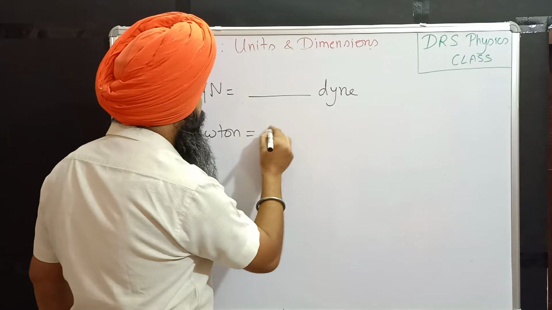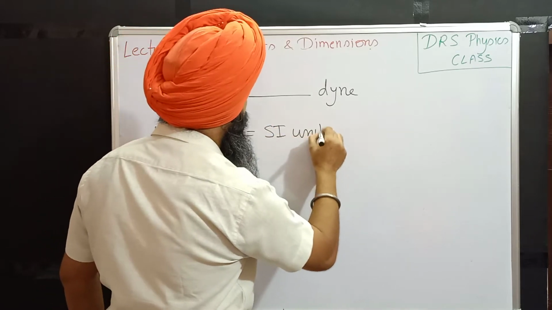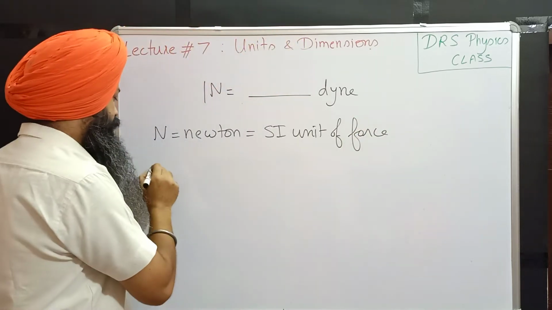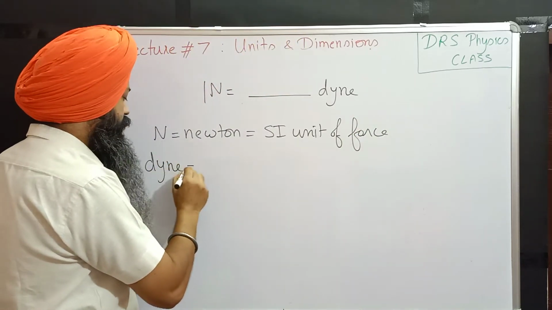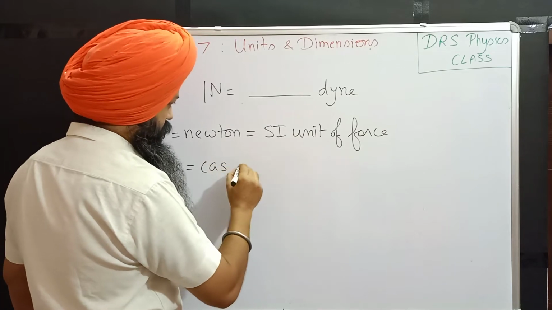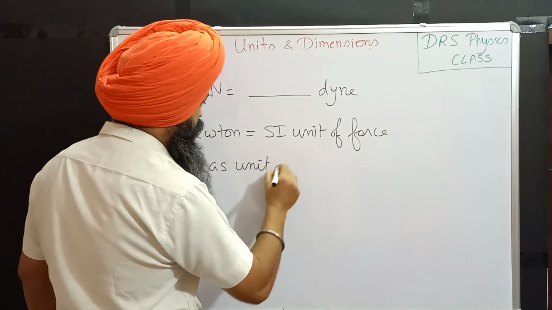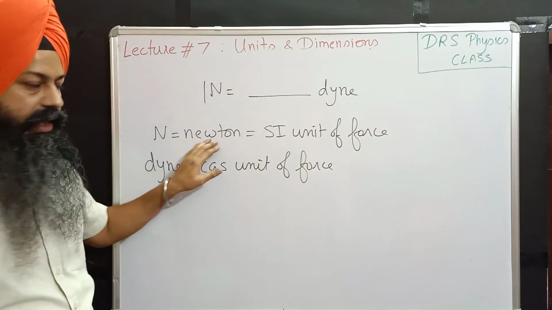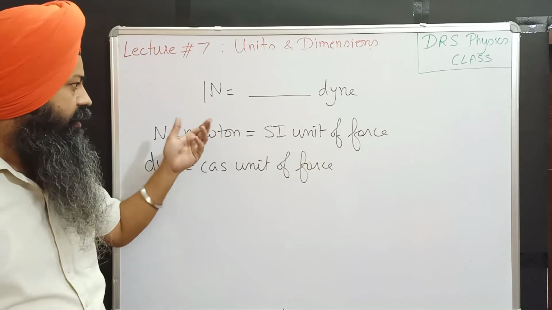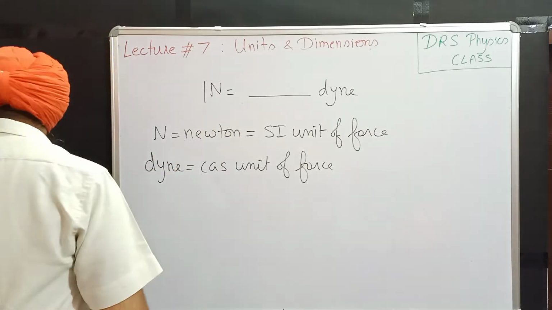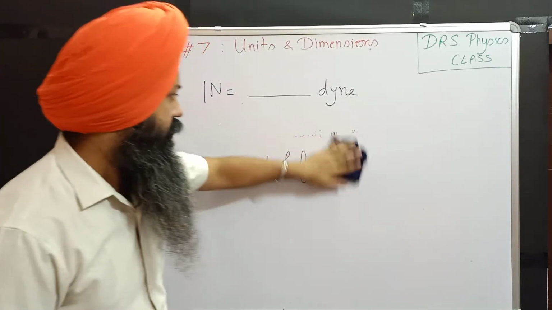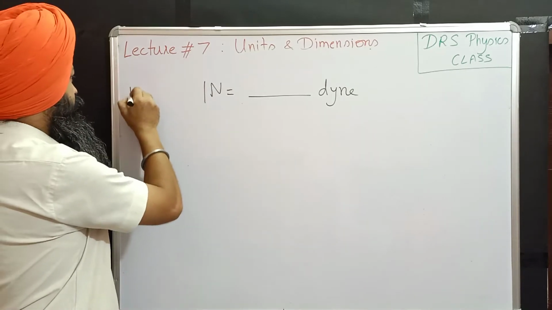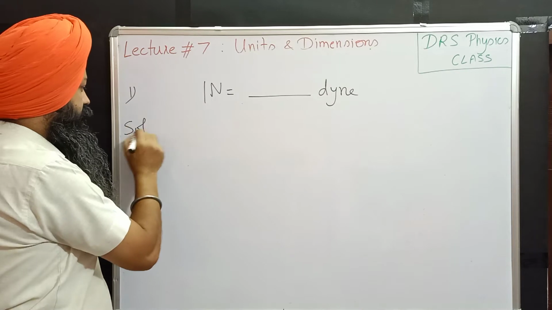It is the SI unit of force, whereas dyne is the CGS unit of force. It is just to keep in mind that we are going to discuss force. So say this is our first problem, we're going to find the solution.